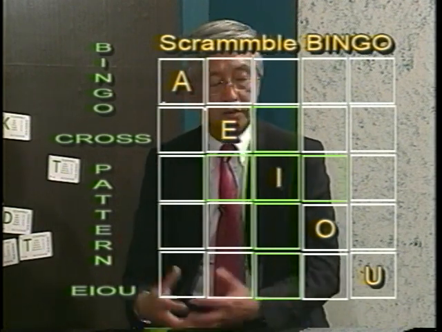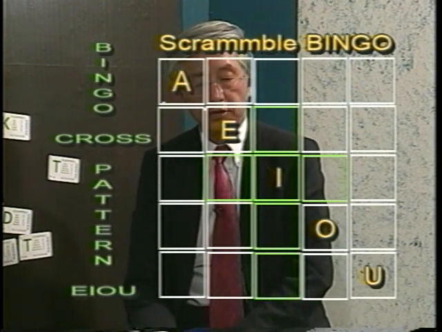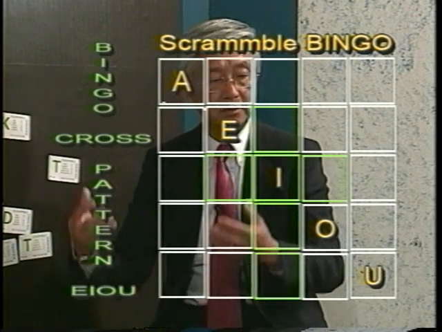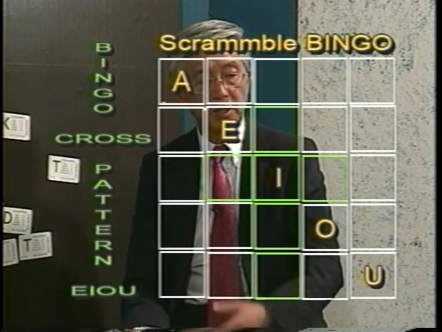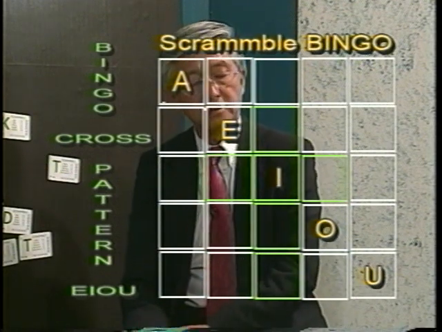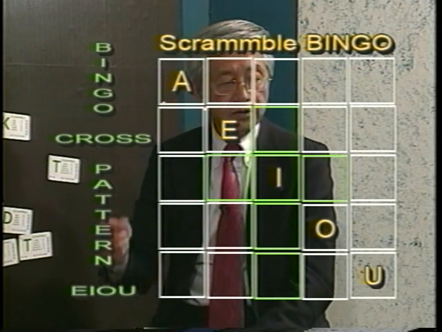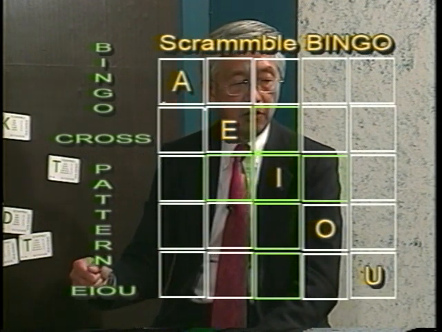Now, you can certainly arbitrarily choose whatever pattern you want to play, and usually a dealer or whoever decides, and then people play and see who gets to be the first one to call bingo. So this pattern we call EIOU.